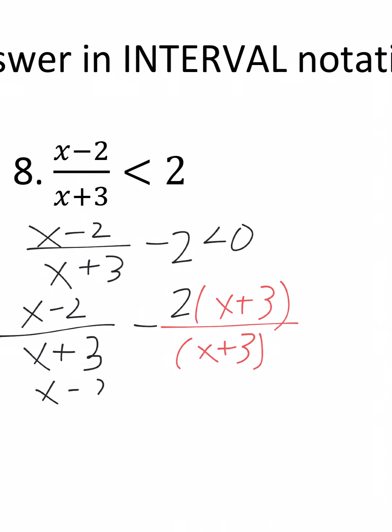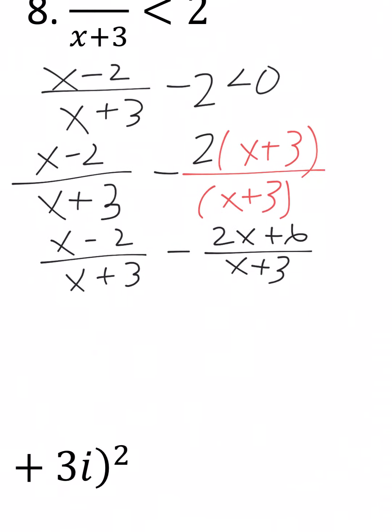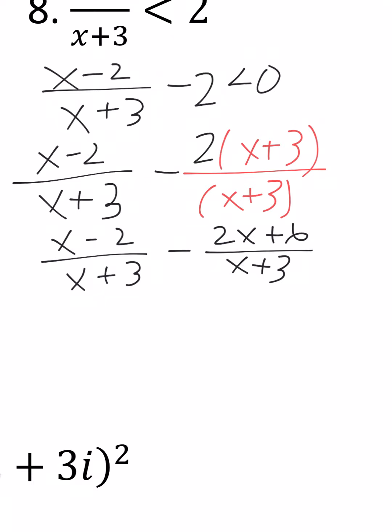And so I'm going to distribute my 2. So I get 2x plus 6 over x plus 3. And so if I actually do the subtraction, x minus 2x gets me negative x. Negative 2 minus 6 gets me negative 8 over x plus 3.